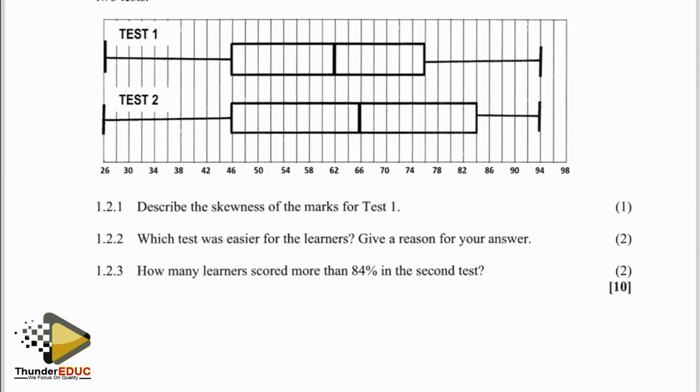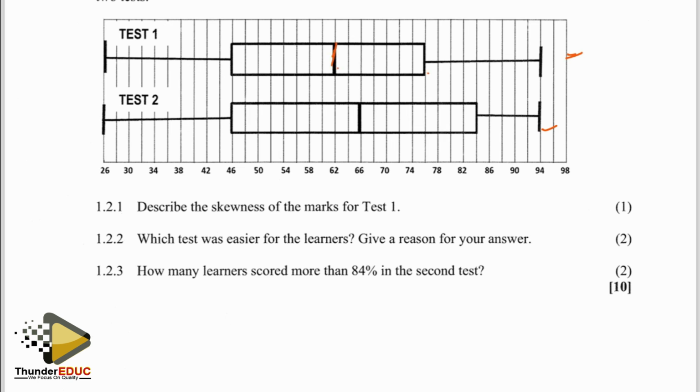And then 1.2, the 16 learners referred to wrote the second test, which was test 2, and then the information was represented in a box and whisker to show the distribution. Okay, so test 1 is being represented using the first box and whisker, then test 2 is by the second. Describe the skewness for test 1. So when you talk about the skewness, we can see that the mean is next to the Q3.